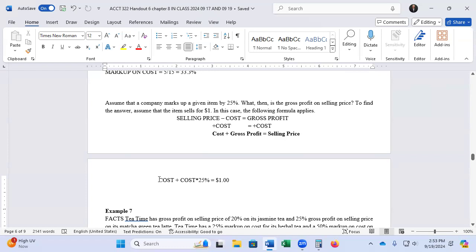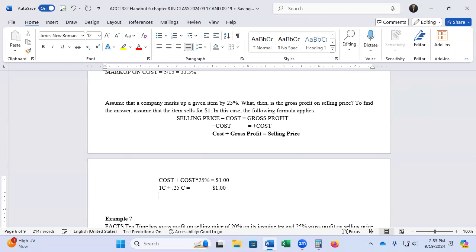We have 1C plus 0.25C equals $1, and so 1.25 times C equals $1.